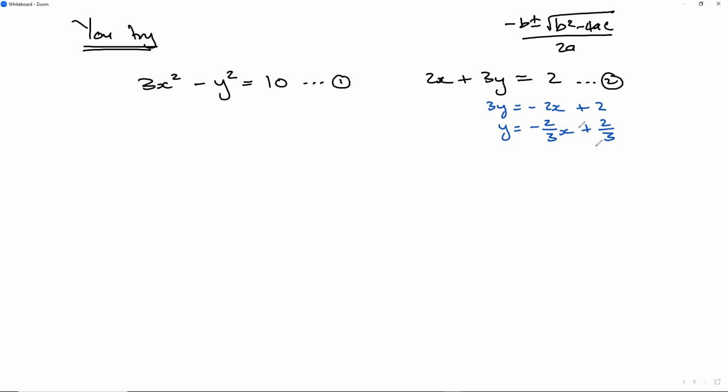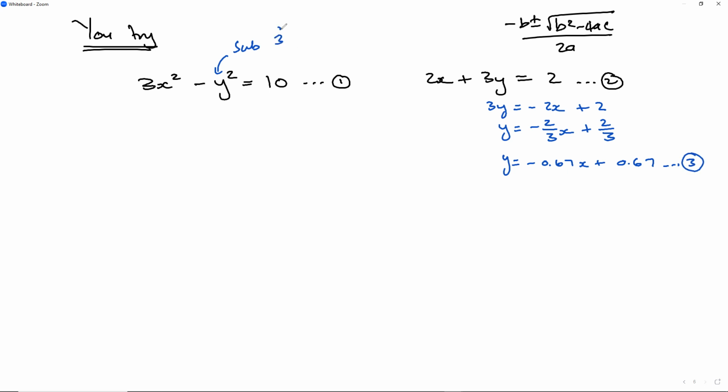If we're going to use decimals, 2 over 3 is 0.67. So this is going to become y equals negative 0.67x plus 0.67.